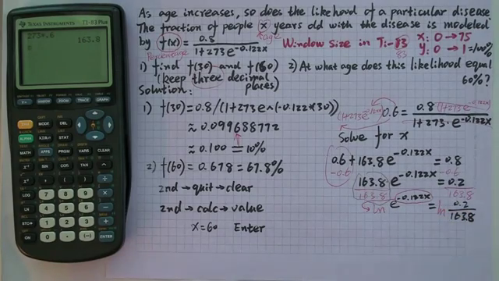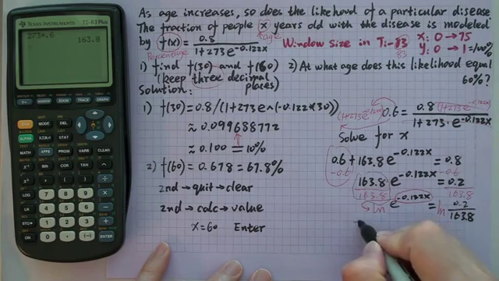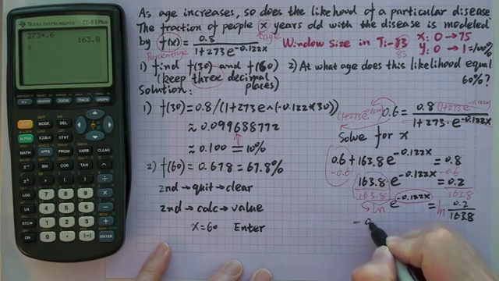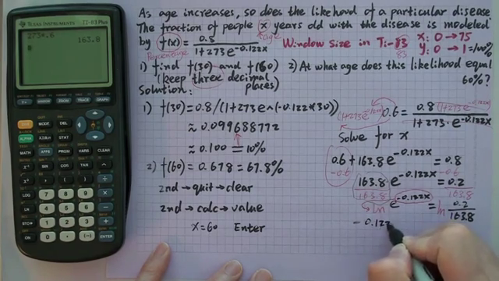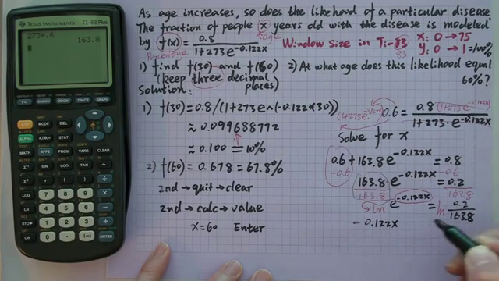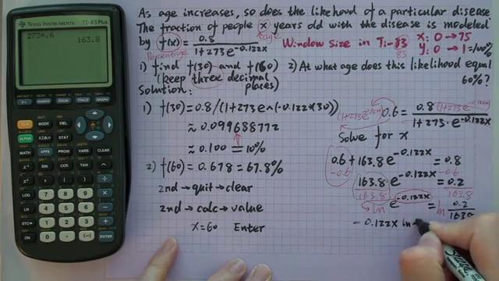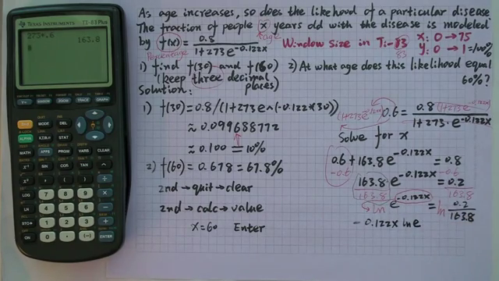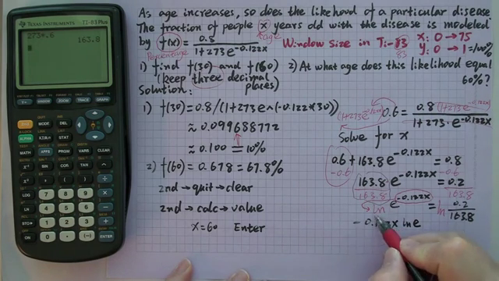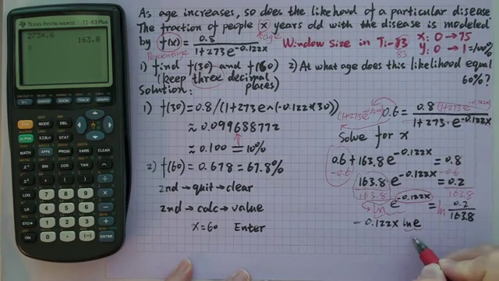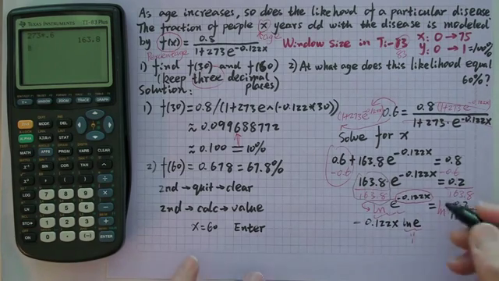So you then have negative 0.122x, and remember natural log e is 1. You may not write it, but anyway.